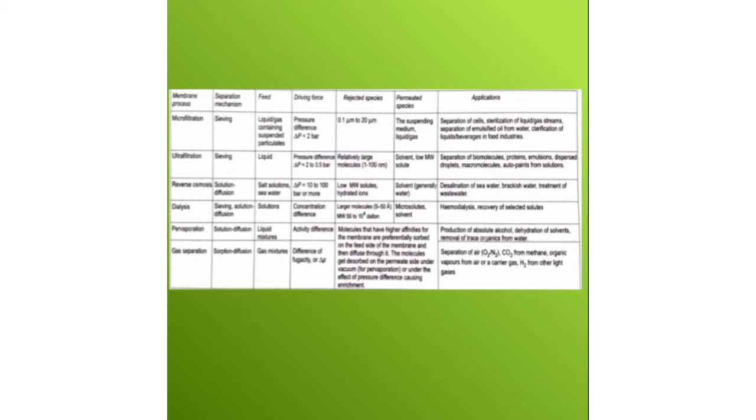The driving force is again the pressure difference delta P, which is equal to 10 to 100 bar or more. And in case of gas separation, the separation mechanism is sorption diffusion, the feed is a gas mixture, and the driving force is the difference of fugacity or pressure differences.